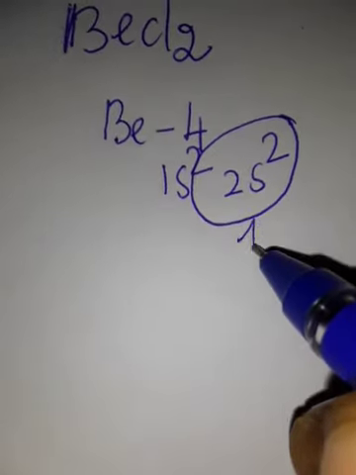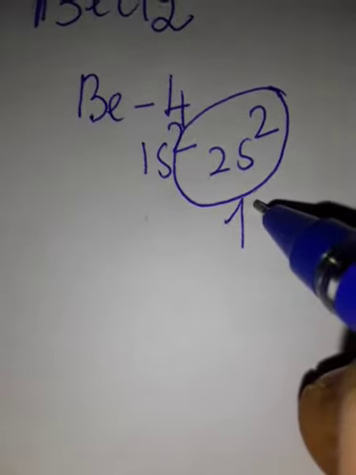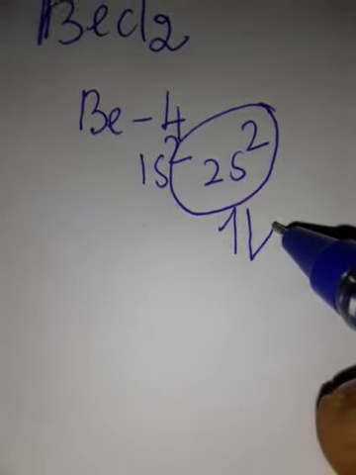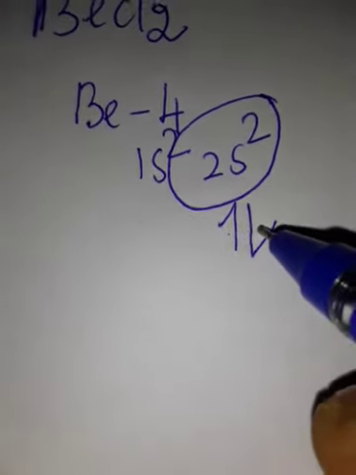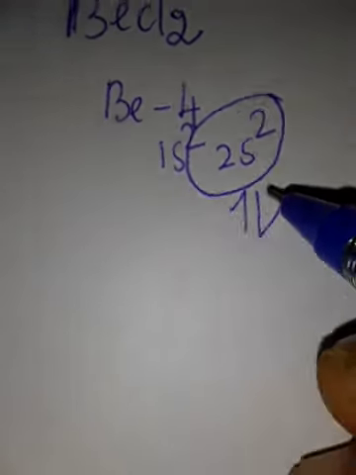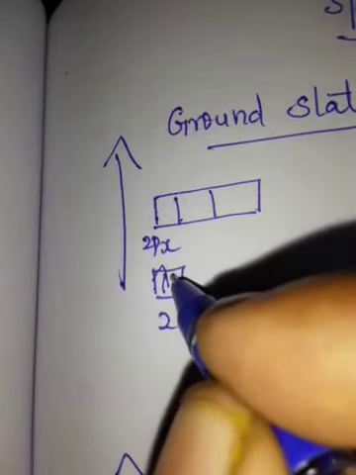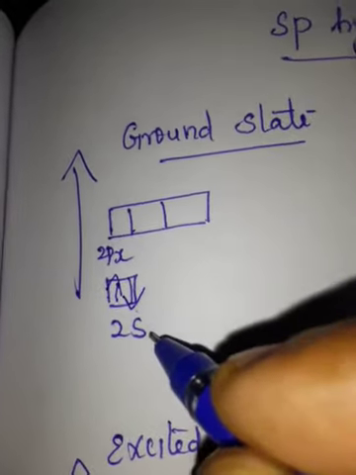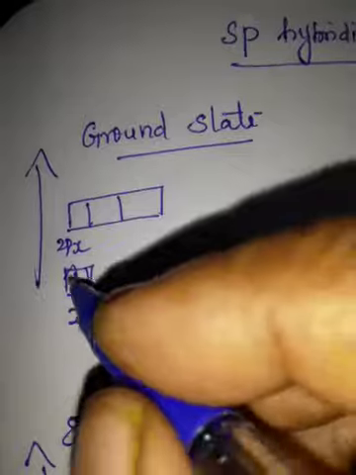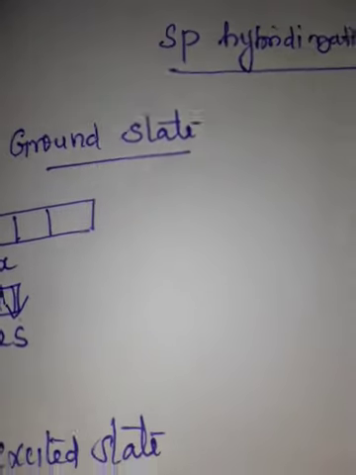2 electrons, according to Pauli's exclusion principle, both the electrons having opposite spins. So 2s having 2 electrons, it is in the ground state.